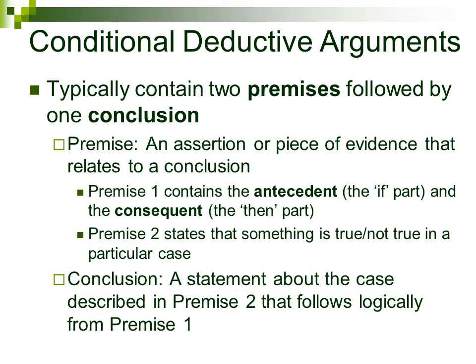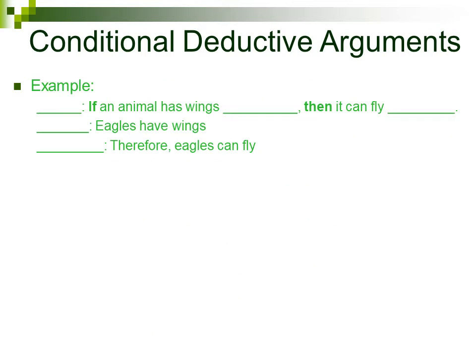Let's look at one more example so you can get a better sense of what the premise 1 and premise 2 and the antecedent and the conclusion and the like are. So here's another example. If an animal has wings, then it can fly. Eagles have wings, therefore eagles can fly. So the very first line is the first premise, premise 1, which is if an animal has wings, then it can fly.